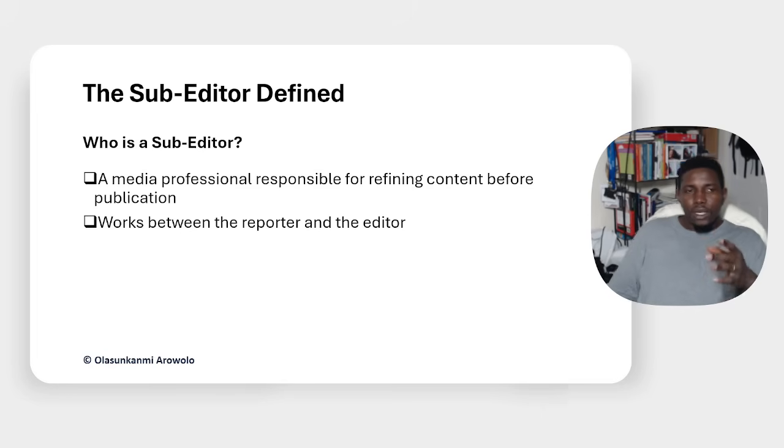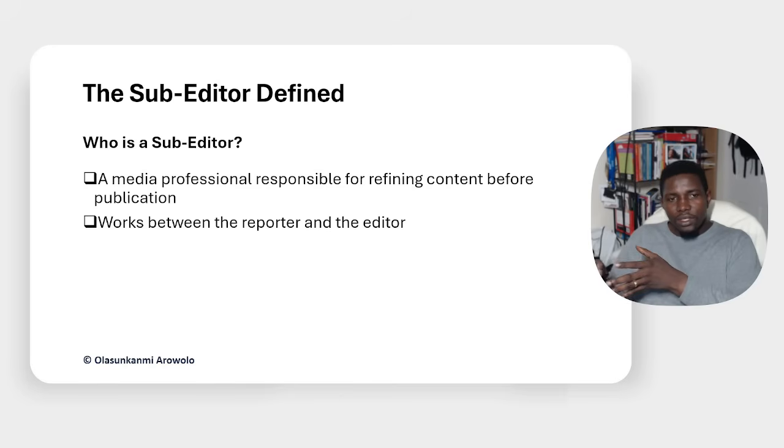So a sub editor is that person you report to immediately after writing something, and you hand over your content to the sub editor to refine, review, and improve before it gets to the editor, and the editor makes a final conclusion.